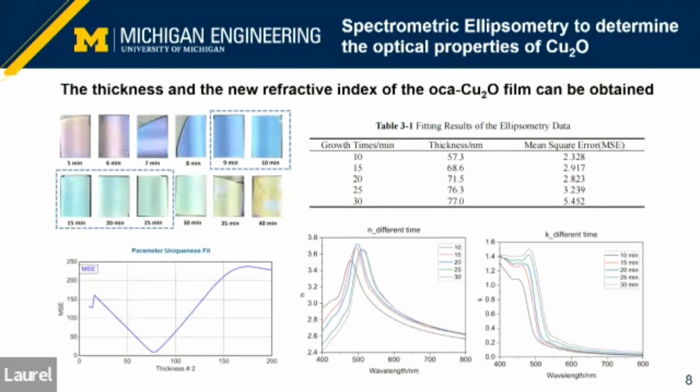In the first place, we found that in previously published papers, there are no optical properties for cuprous oxide octahedron thin films, which means we need to figure them out ourselves. By taking 5 samples of relatively uniform color for the ellipsometry measurement, we are able to obtain both their thickness and their refractive index data.